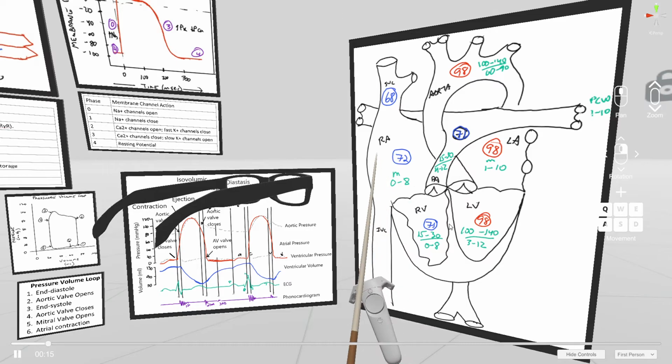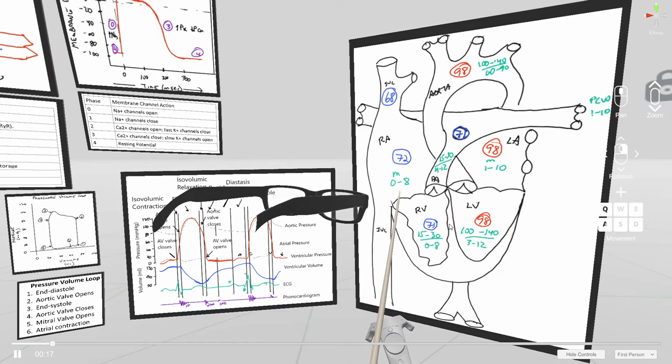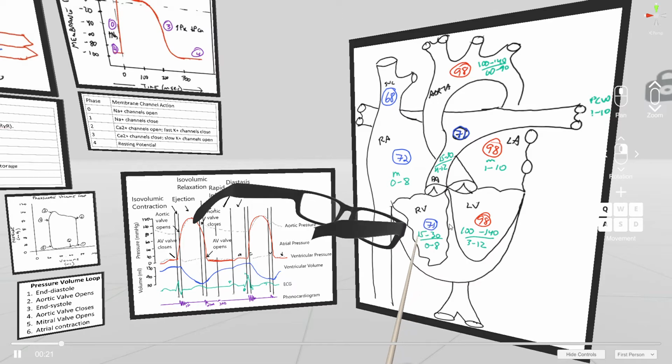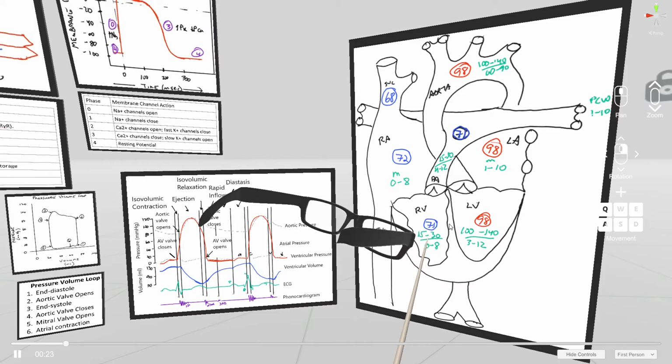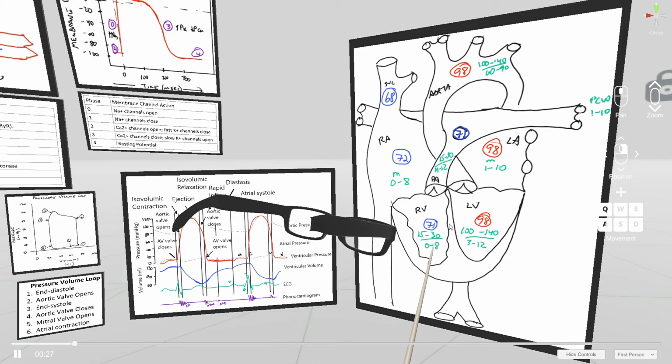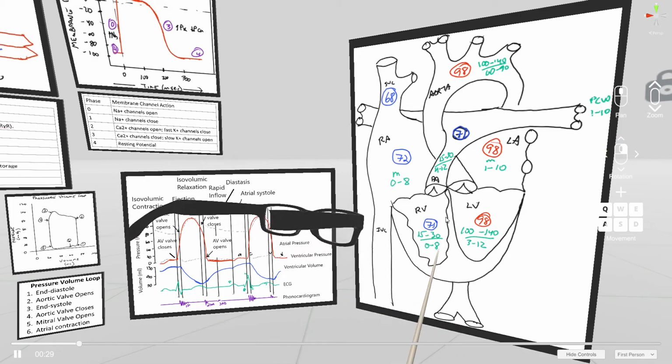So I have the mean right atrial pressure here, 0 to 8 millimeters of mercury. Right ventricle can be 15 to 30 on the high side while the heart's squeezing, to 0 to 8 on the relaxation side.